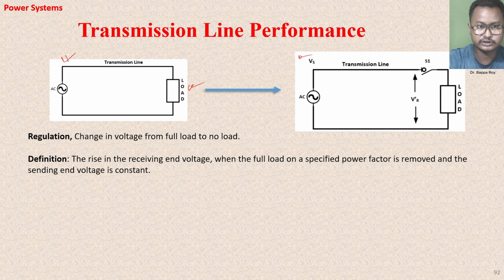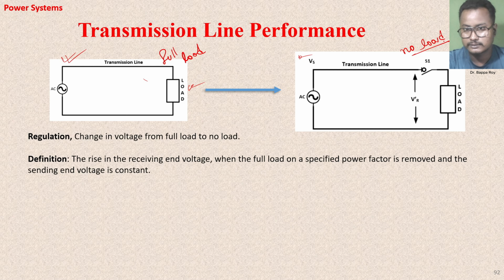At first, this is the full load condition, and this is the no load condition. Now in between there is some voltage change from full load to no load, and that change is called voltage regulation. So here if we measure the voltage here, VR, and here V.